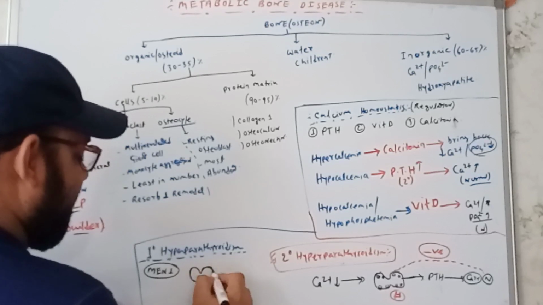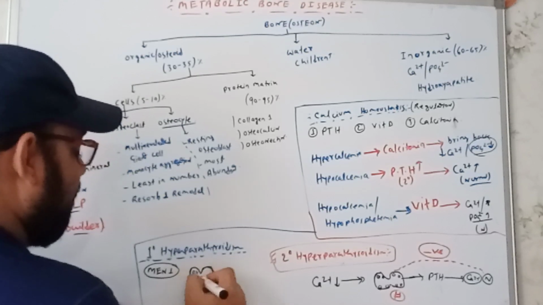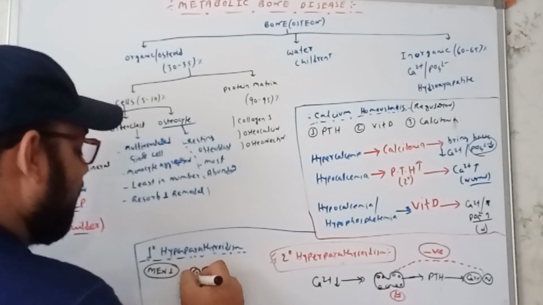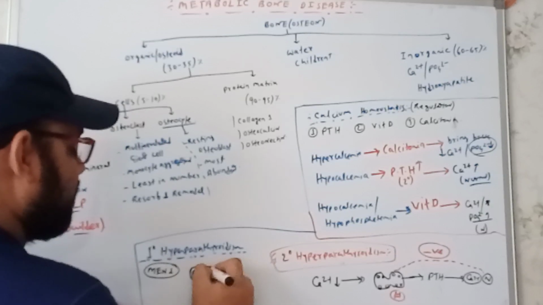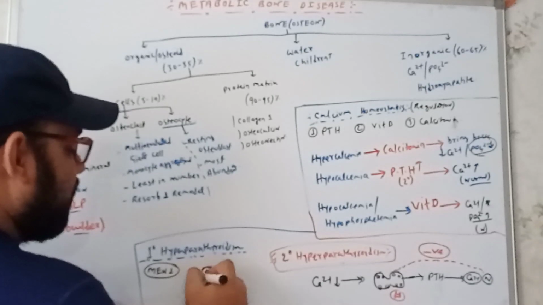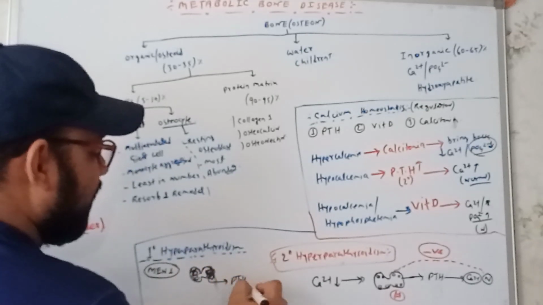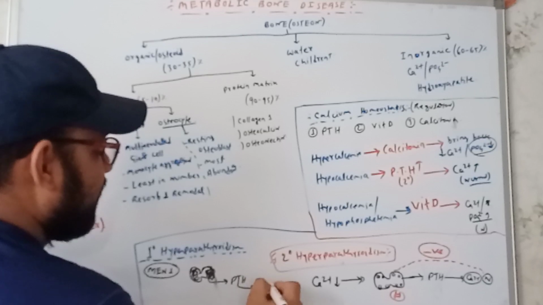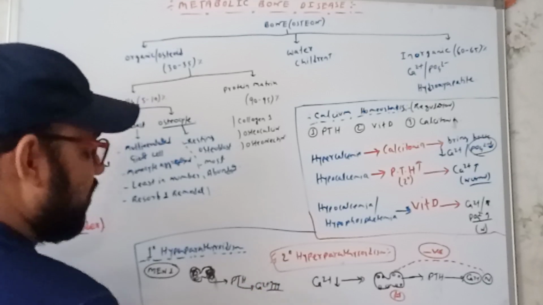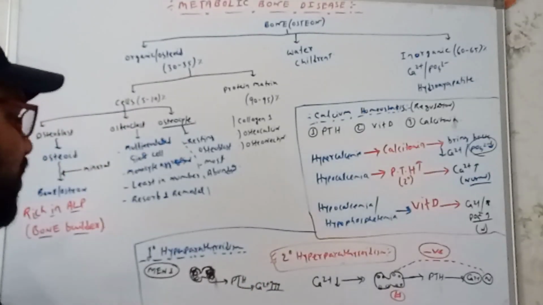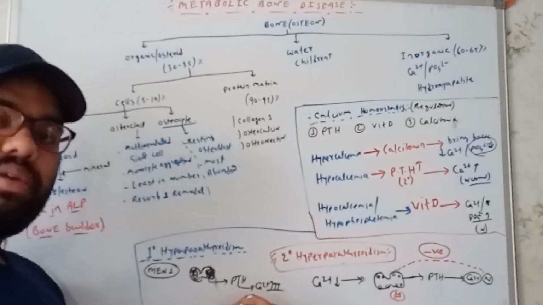What I'm drawing. Anyway, if we get to see tumors in these portions, then it will secrete too much parathyroid hormone, and as a result the calcium level will be increased so much, right? But here the negative feedback will not work.